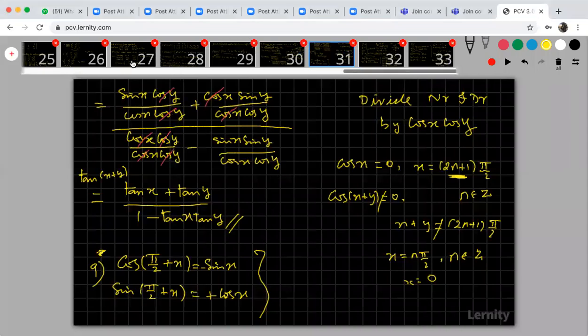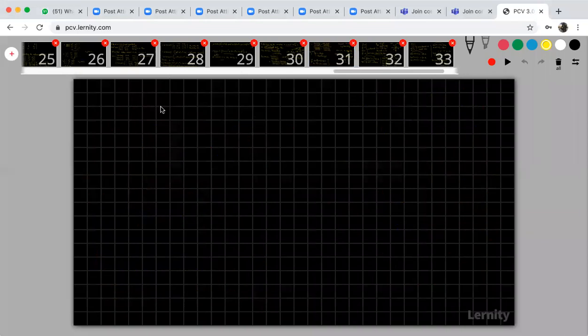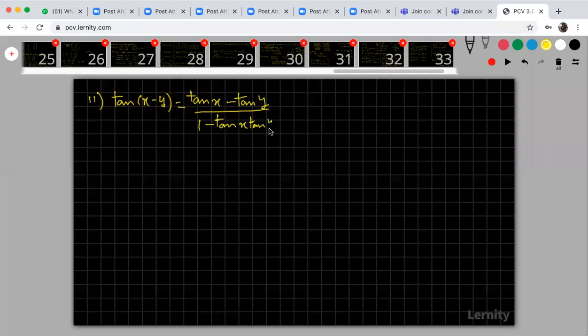Look at this, I'm going for the 11th one. The 11th identity is tan of x minus y is equal to tan x minus tan y divided by 1 plus tan x tan y. That means you simply replace y by minus y in identity 10.